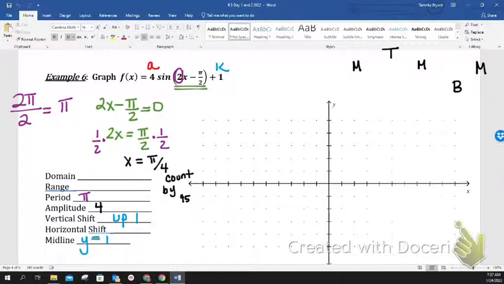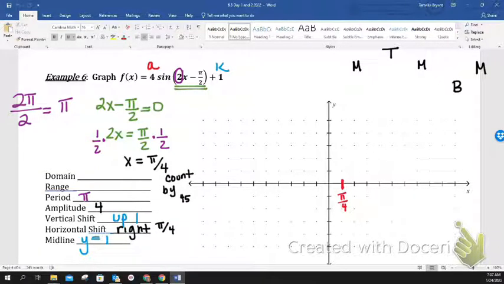Which means that because it's positive, I'm going to go to the right. Pi over 4 is the same as 45 degrees. So this wave is going to start here because this is my pi over 4, because remember I'm counting by 45s.